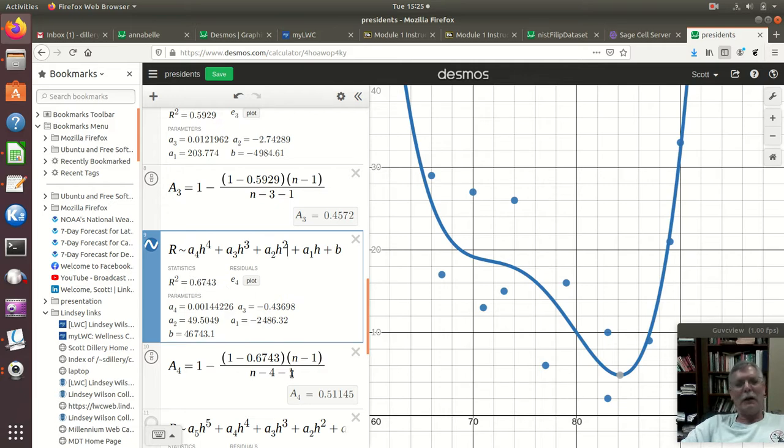That's not bad. And again, it was the highest adjusted R squared. Okay, so we're going to go with that model for these particular data. All right, and that is one look at an example using adjusted R squared to fit some data, in this case to a fourth degree polynomial.